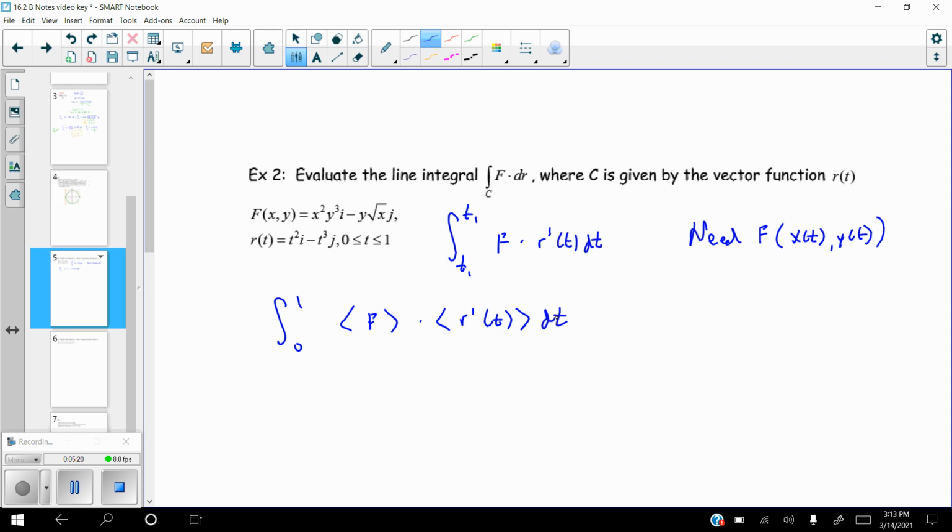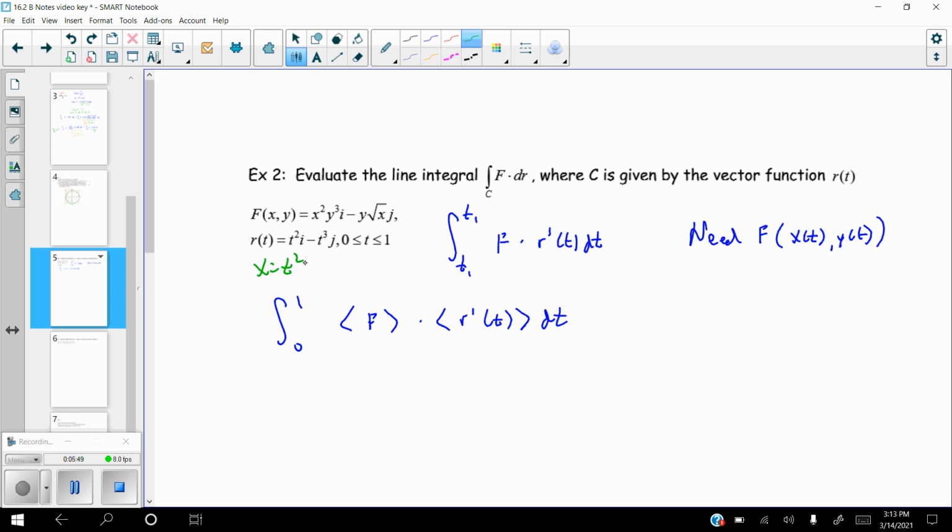Our force function is given to us as x squared y cubed i minus y square root of x j. Actually, in this case, it gives us r of t. Never mind, we don't even have to do it. If you look at r of t, it tells us what x and y are, because the x component is the t squared i. So x is going to be t squared.